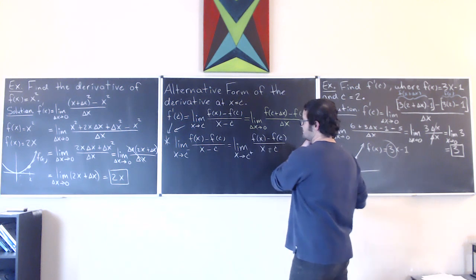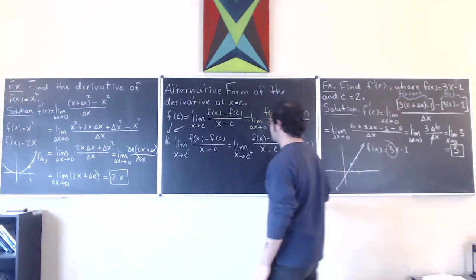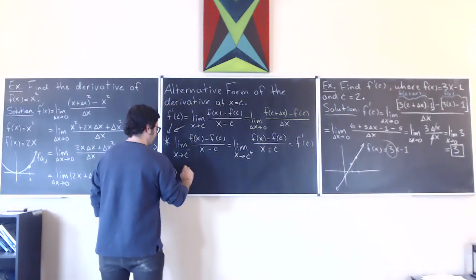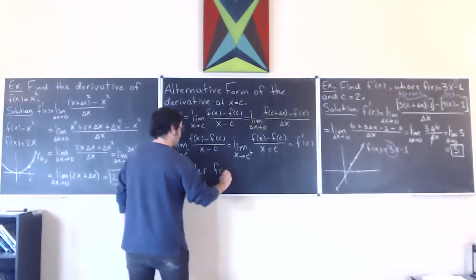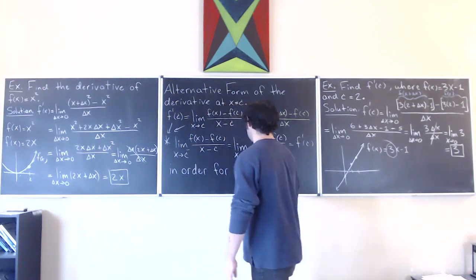So these need to equal, and that would be the derivative at the point C. So these need to equal in order for f prime of C to exist.